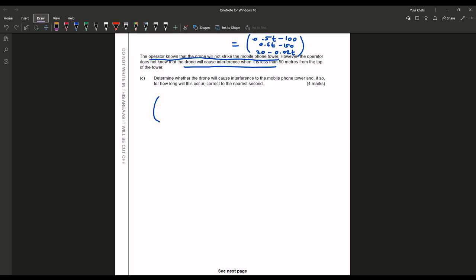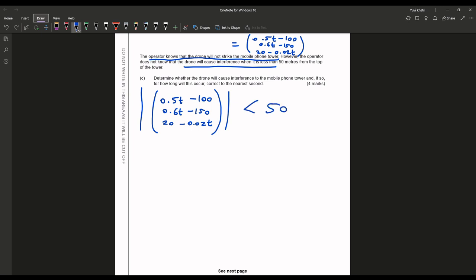So we have our position vector of the drone relative to the tower. And the magnitude of this needs to be less than 50.